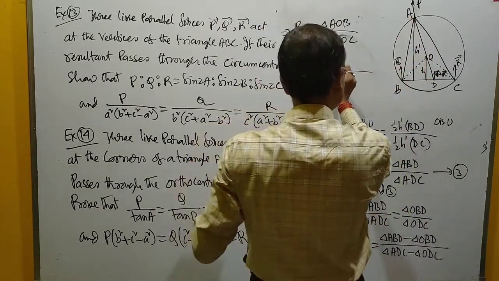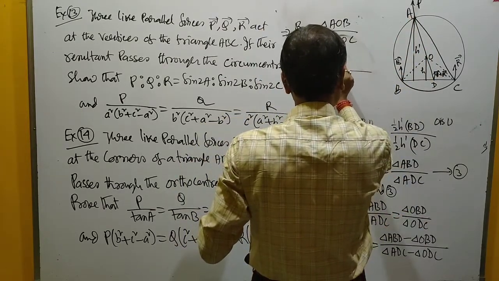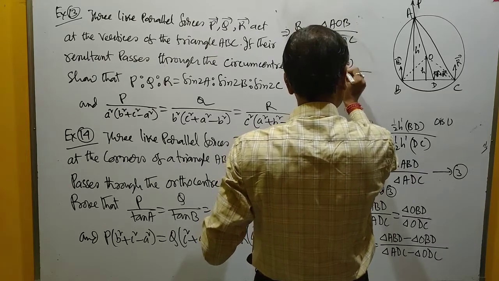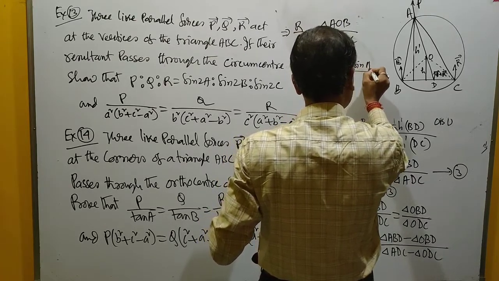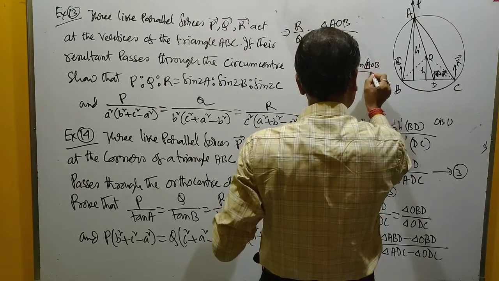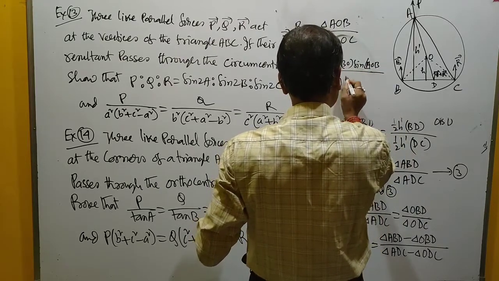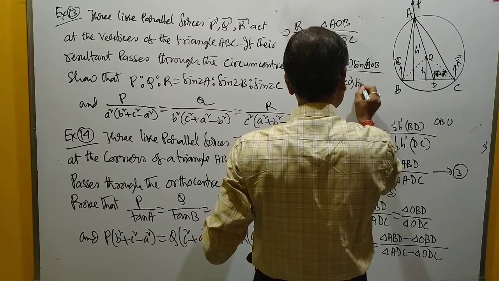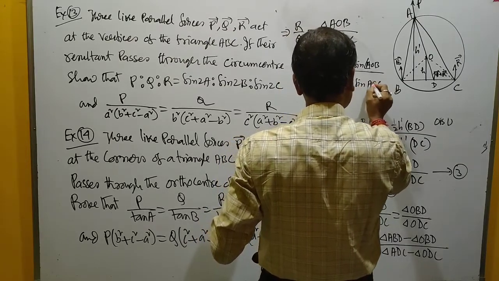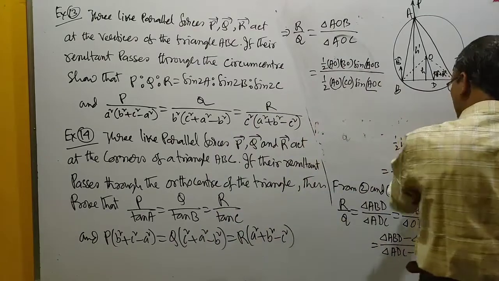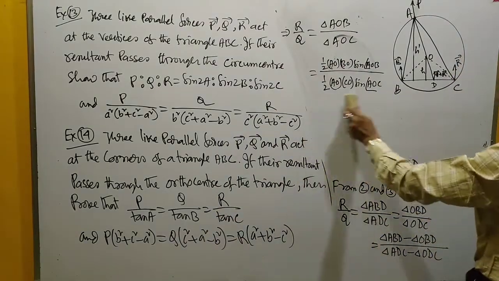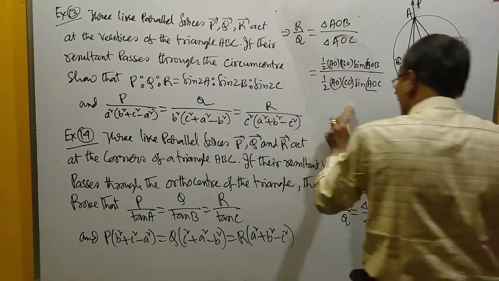AO into BO into sine of the included angle AOB. Here AO, CO, sine of the included angle AOC.